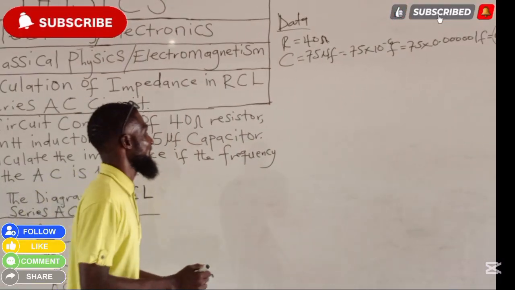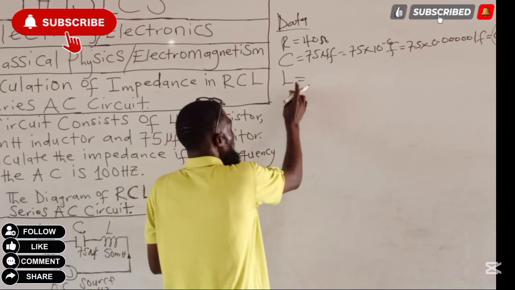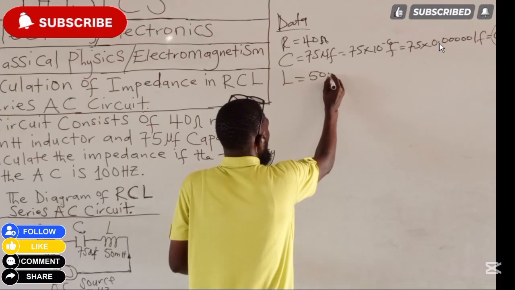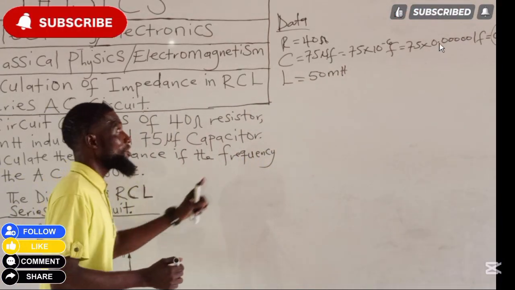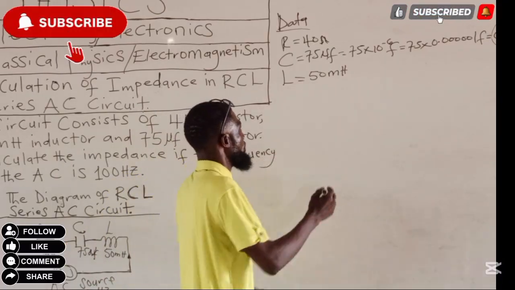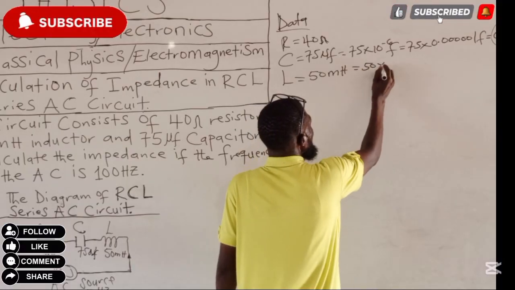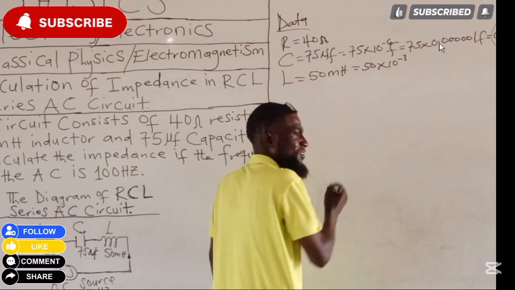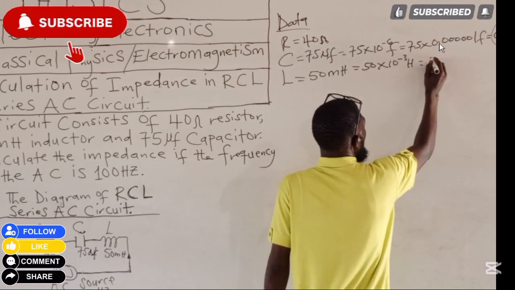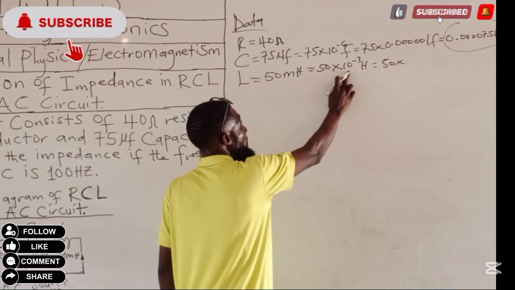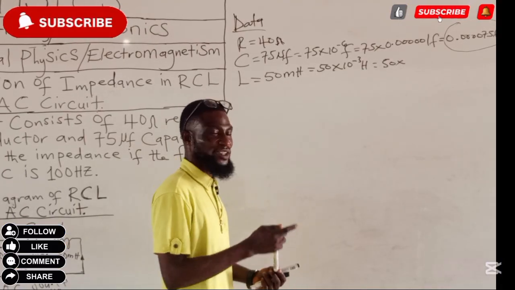So ladies and gentlemen, we also have our inductor, which is L. And the same thing applies here, 50 millihenry. So our inductor is 50 millihenry. We'll also be changing this to Henry. In order to change it to Henry, we say it's 50 times 10 raised to the power minus 3 Henry, which means we indicate 3 zeros to the left.